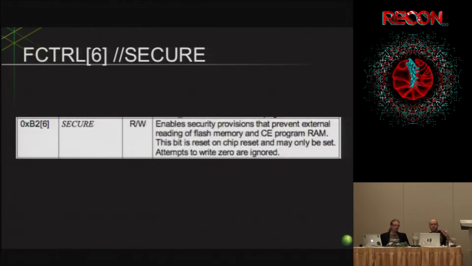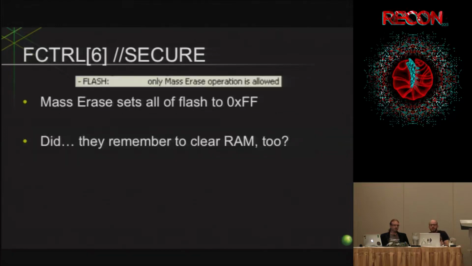It is reset to 0 on every chip reset, and you have to manually set it to a 1 during that pre-boot phase, or otherwise there's some sort of a window where I would be able to interrupt execution and stop you from being able to set that. So mass erase sets all the flash to FF. That's the only way you're supposed to be able to get a chip back after you flip this bit.